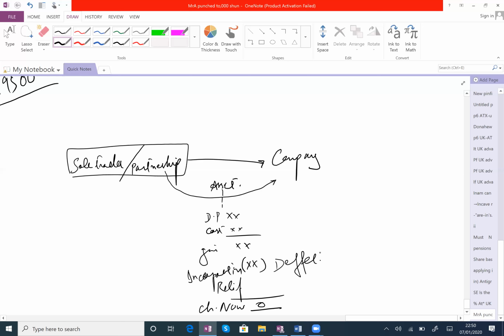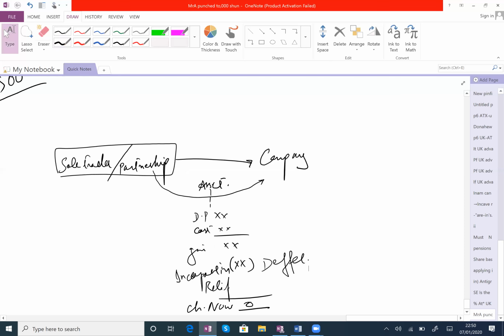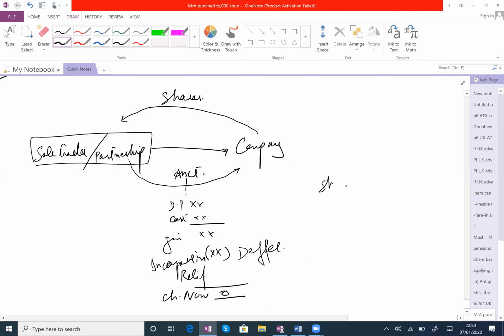And in return from the company, I will get the shares of the company. When assets of the business are transferred to the company, in return, obviously shares will be received. When you get the shares of the company, what is the value of the shares?